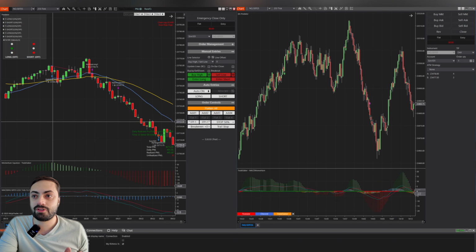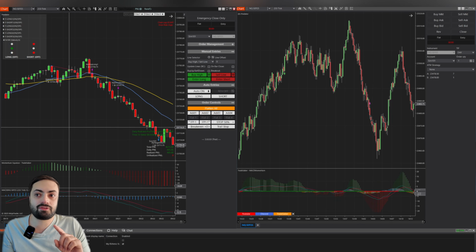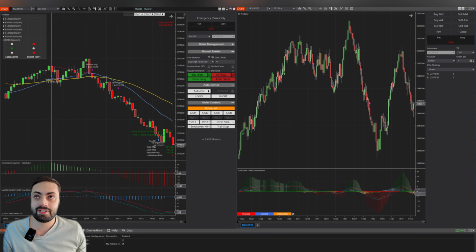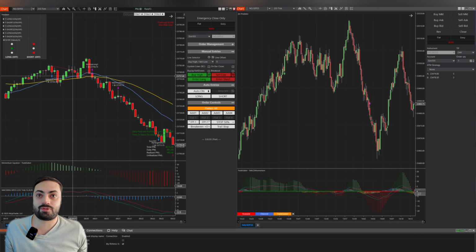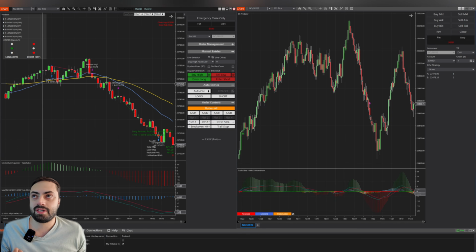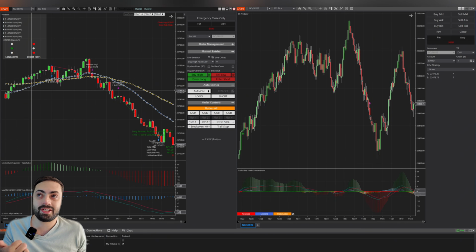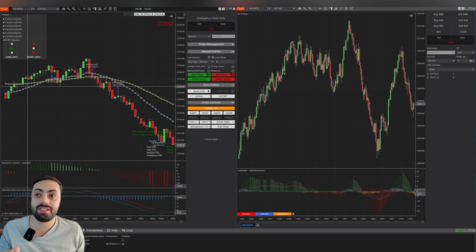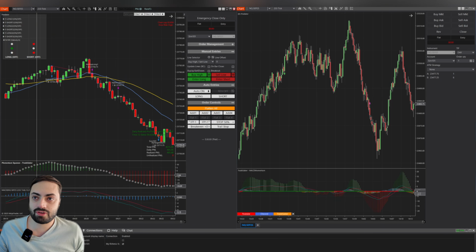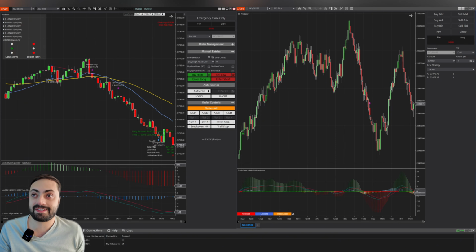And all this is doing is it's looking for a confluence of your MACD, your momentum squeeze, and your EMAs as well. So what it's looking for is making sure your 21 EMA is above your 50 EMA. It's making sure the momentum squeeze indicator is above 0, so it's in the green.